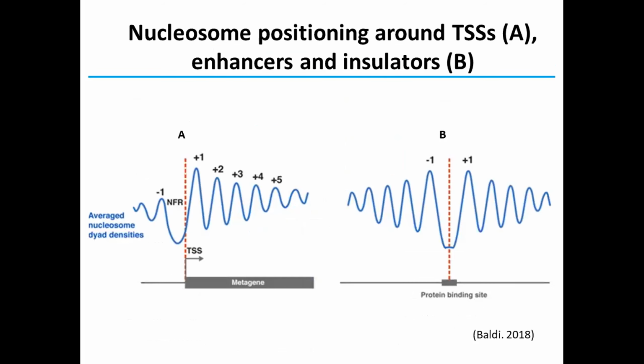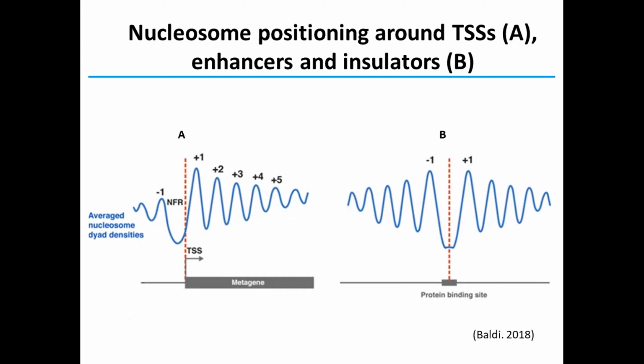For example, we know that the promoter, the enhancer, and the insulator are in open chromatin regions, so lots of reads from the nucleosome-free region should be visible in these regions.